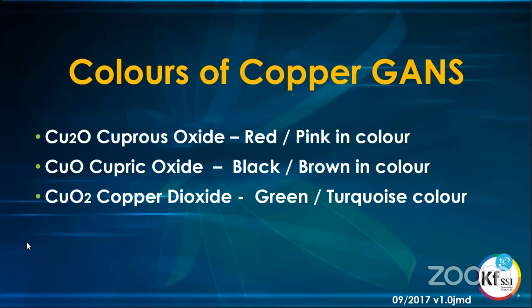The one or two times when we have created the black color copper oxide, what we've done is we've just bubbled some air through that water, and over time it will turn to the blue-green turquoise color copper oxide, because then it's giving you time to attach another oxygen to that GANS.